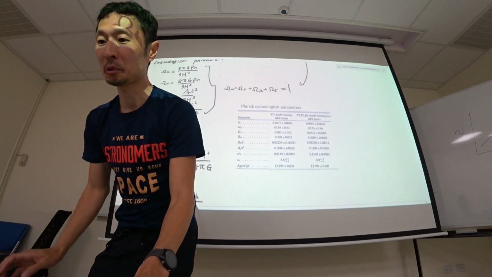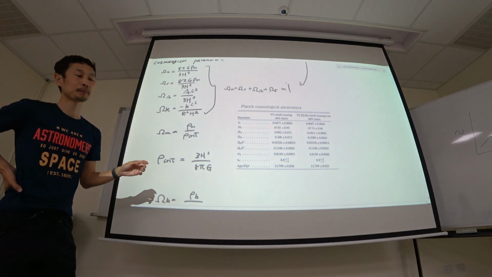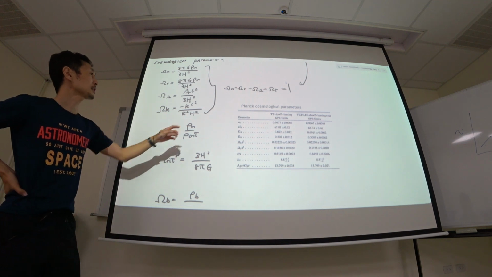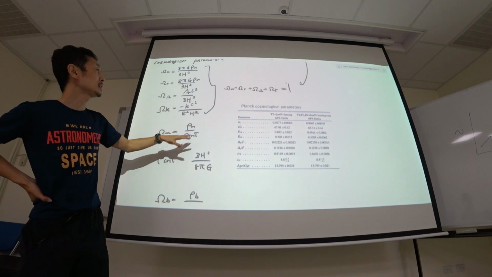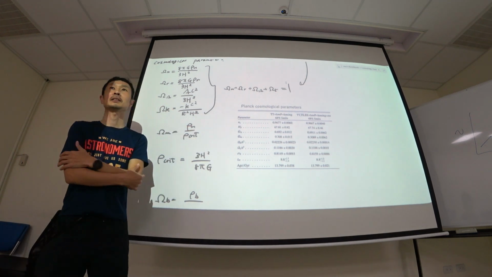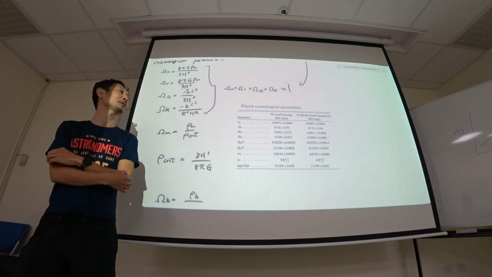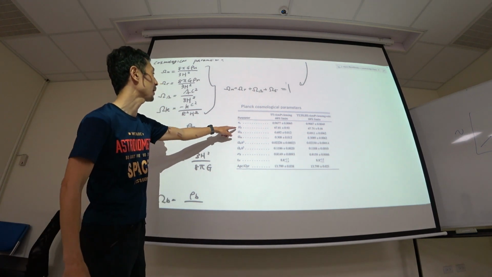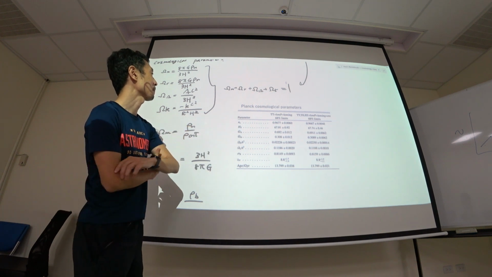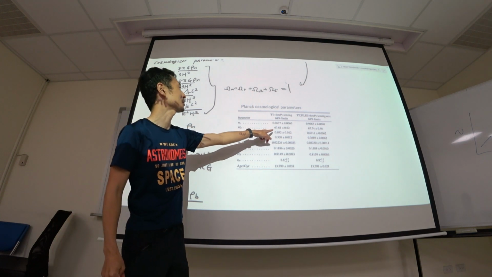I wrote down the current measurement of those parameters from the Planck cosmic microwave background observation, the Planck satellite observation. As you can see, the Hubble parameter according to Planck is something like 67.